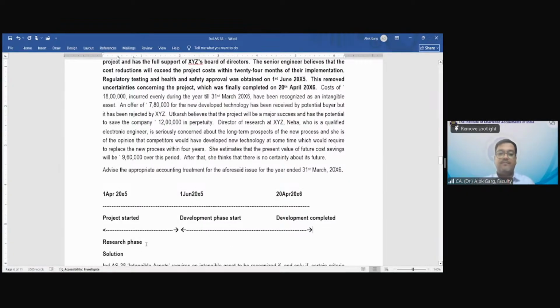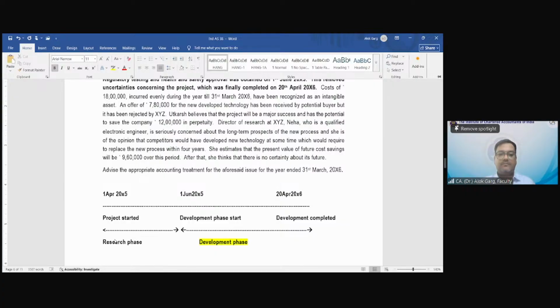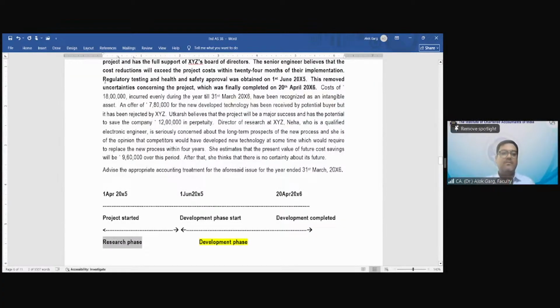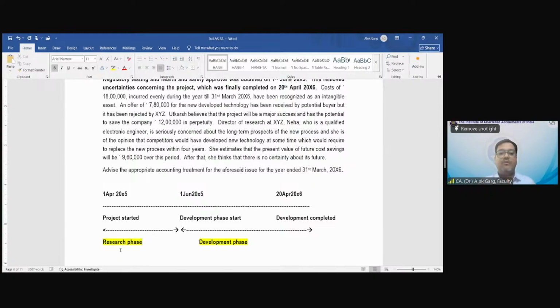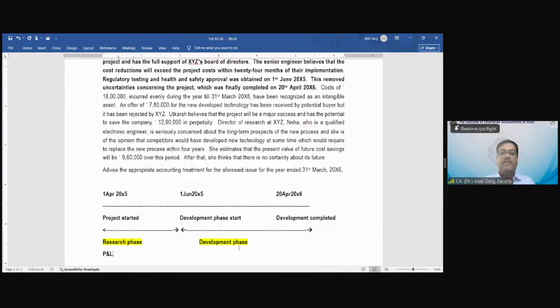This is the development phase, this is the research phase, right? Is that clear? Yes, sir. So what to do in the research phase? Where will the spend go? P&L. And here, capitalized.